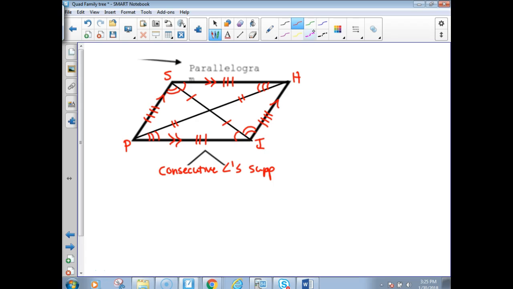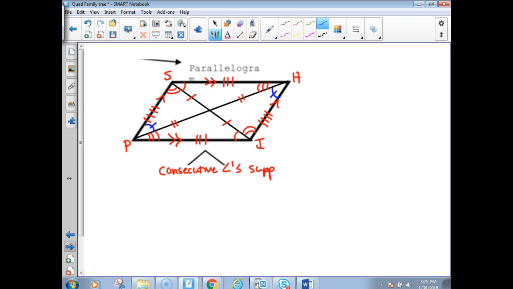And then I got to think of something else to mark this other one. I just don't feel like doing 4 arcs, so I'm going to do an arc with a slash. Arc with a slash. And then I'm not even bothering with the vertical angles. You guys know about vertical angles. Obviously, these two are congruent and those two are congruent.